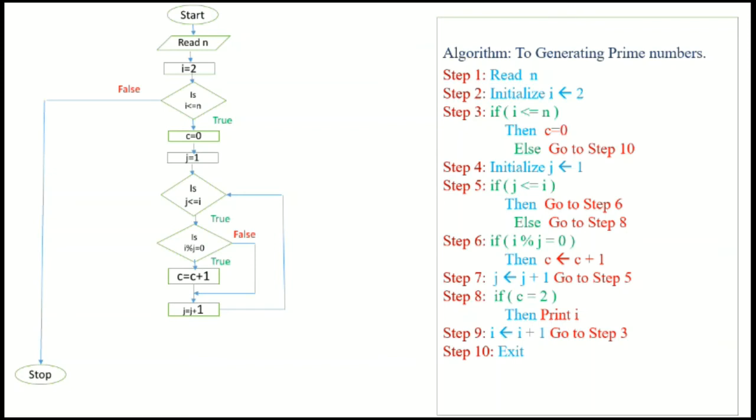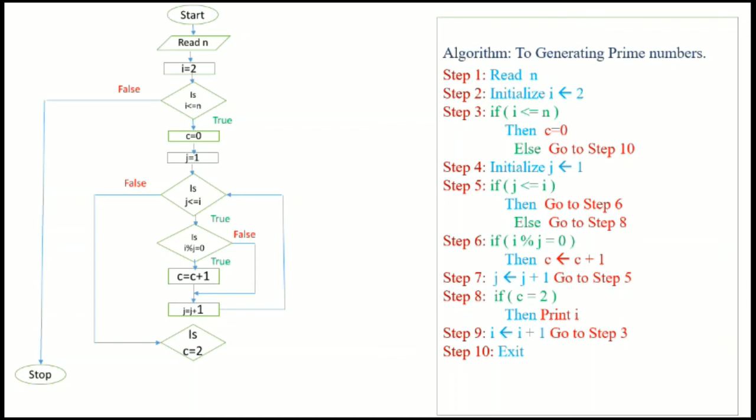When j is less than or equal to I becomes false, it will check for the prime number. So the condition is c is equal to 2.